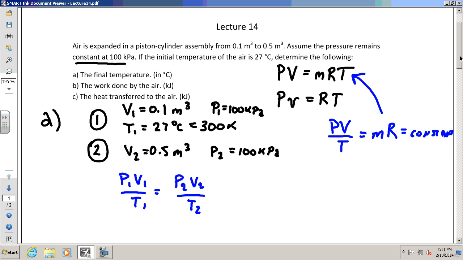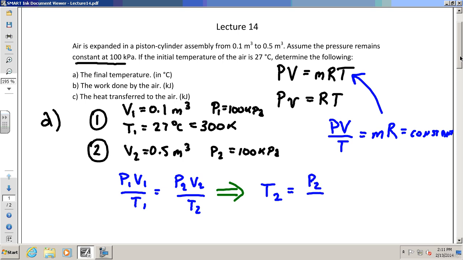What I'm going to do before I wipe them out, though, is I'm going to manipulate this. This is very simple algebra to solve for T2, right? Because that's what I want is T2. So T2, by the way, if I multiply both sides of that equation by T2, and then I divide by P1 V1, you know, do a little algebra here.